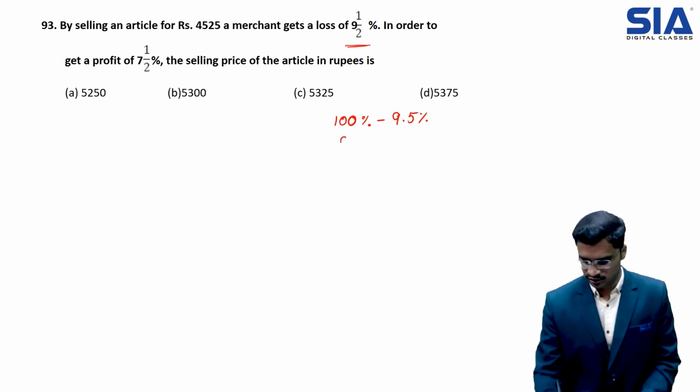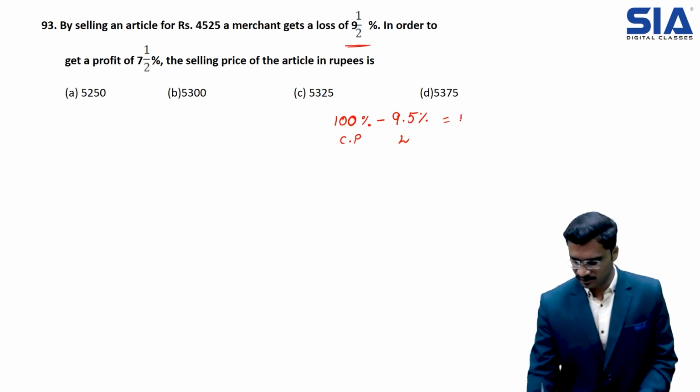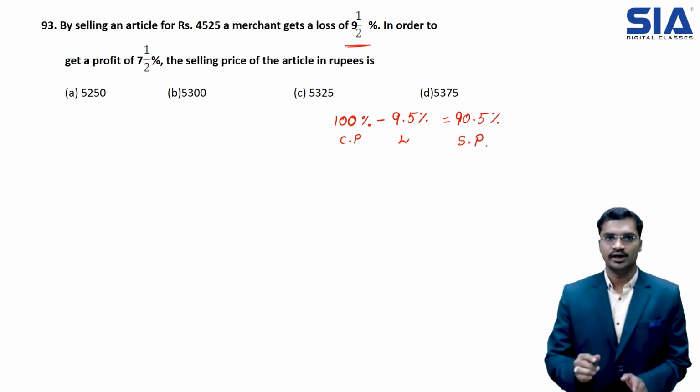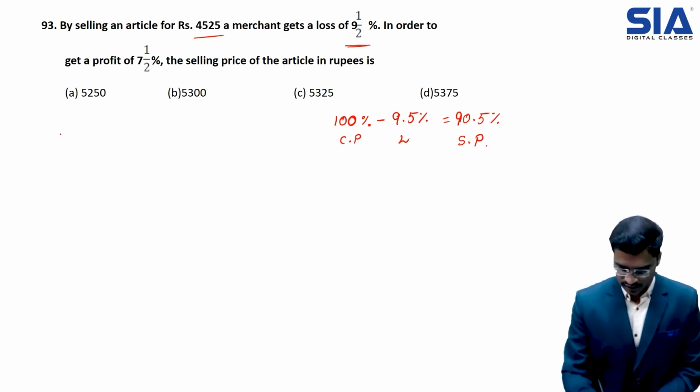So this is CP, this is loss. So CP minus loss is selling price. So selling price is 90.5%. In our question, he said that the selling price is 4,525. So I can say that 90.5% is equal to 4,525.